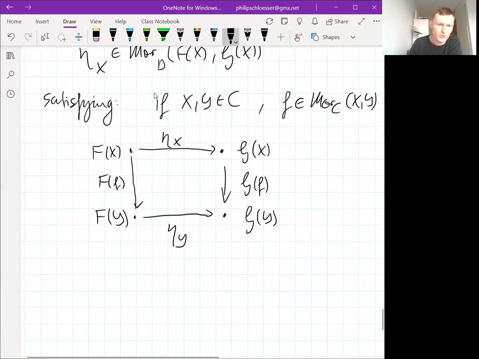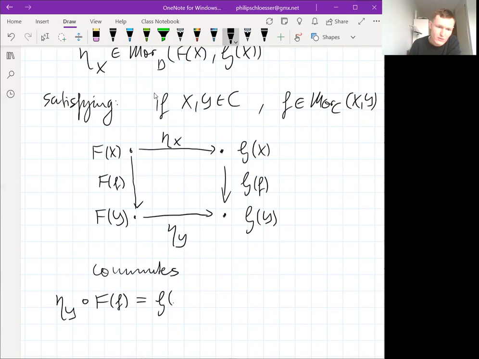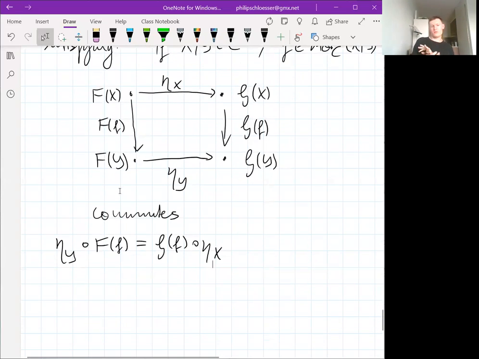And we want them to commute. So that means that eta y after F of f is equal to G of f after eta x. And that puts a sort of hard condition on things.